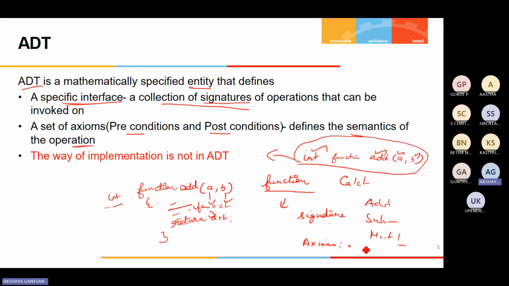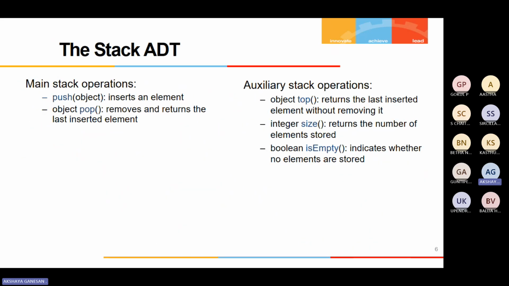For preconditions, A and B have to be integers, so I will have a function is-integer of A, which returns true if the parameter is an integer and false if it is not. For the postcondition, I check whether I have returned a valid integer or whether it is empty. So preconditions and postconditions define the semantics of the operation. So this is what an ADT will contain.